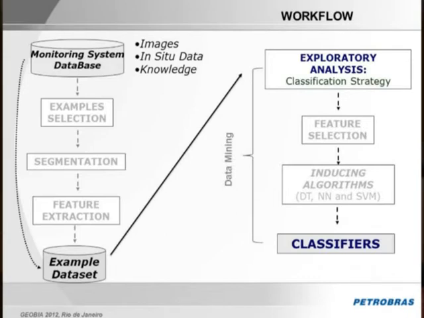So after that, we did an exploratory analysis in order to define a classification strategy. And in the following steps, we use procedures from data mining in order to produce classifiers.